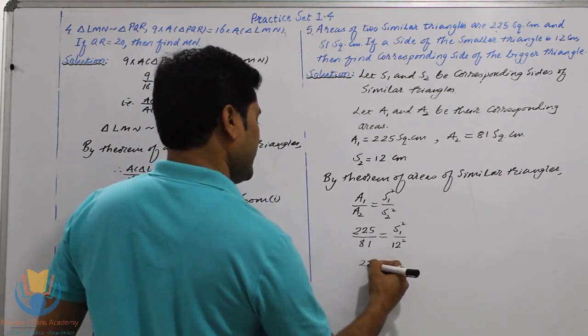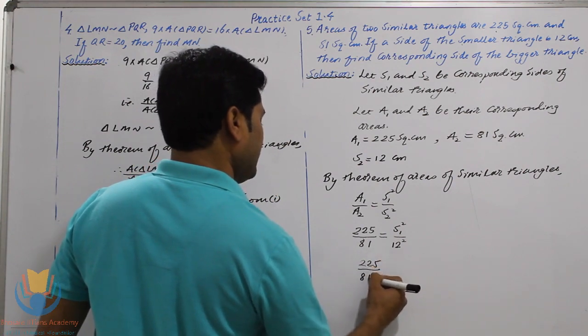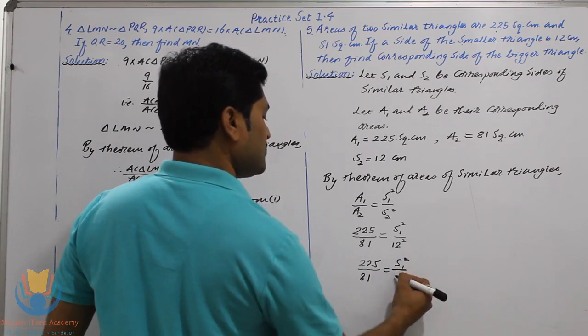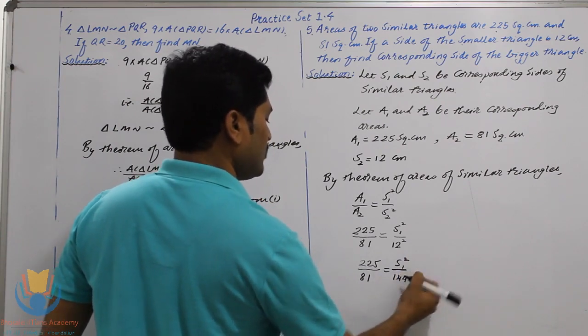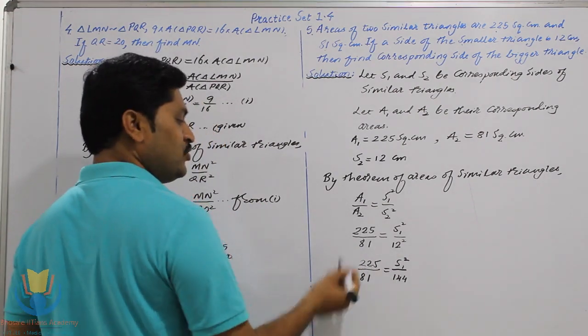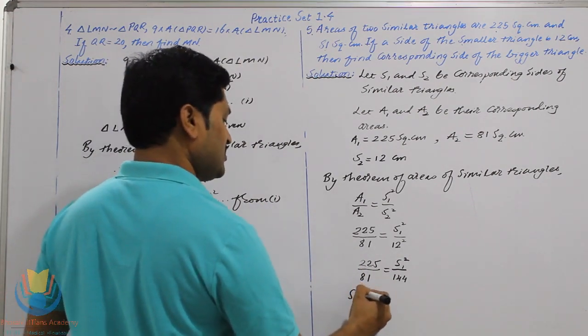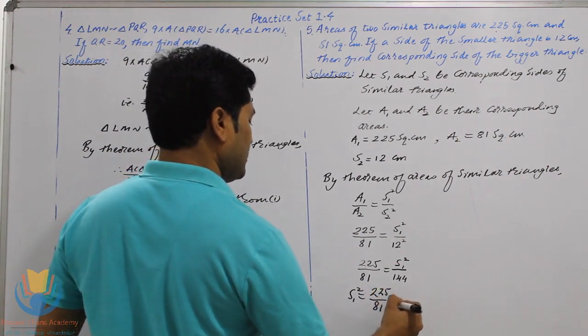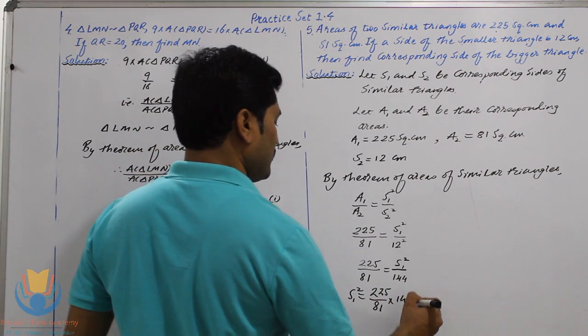So this 225 upon 81 as it is, and this S1 square also as it is. The square of 12 is 144. Therefore S1 square is equal to 225 upon 81 into 144.